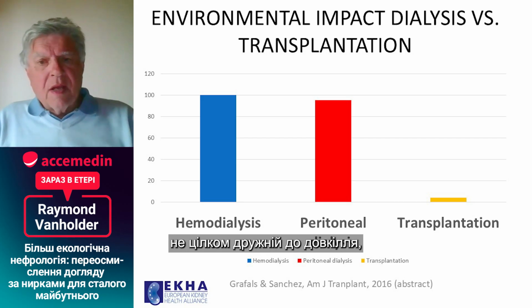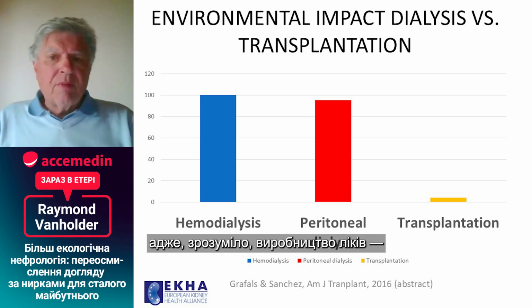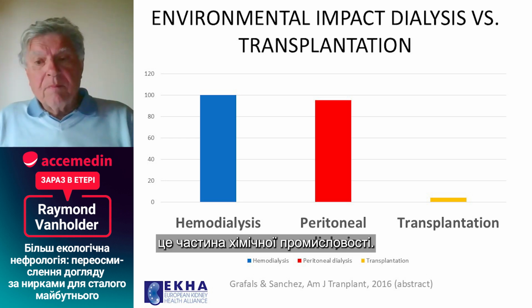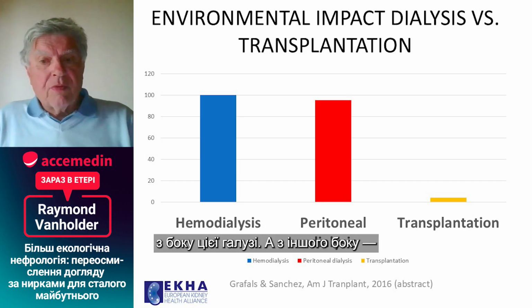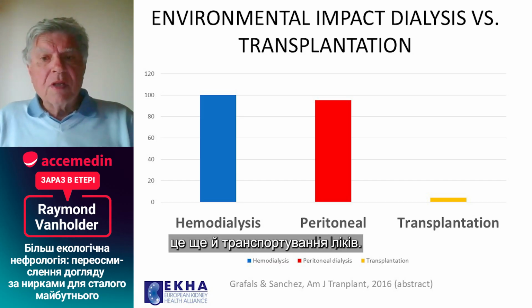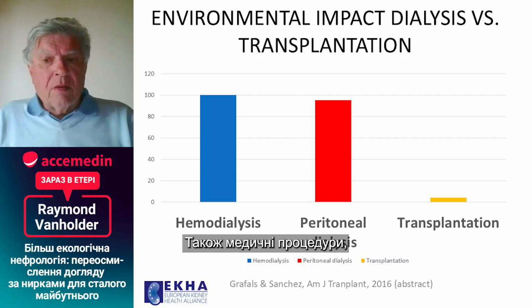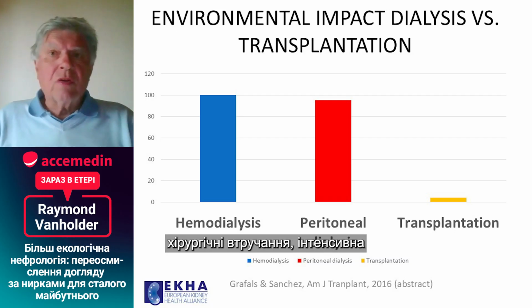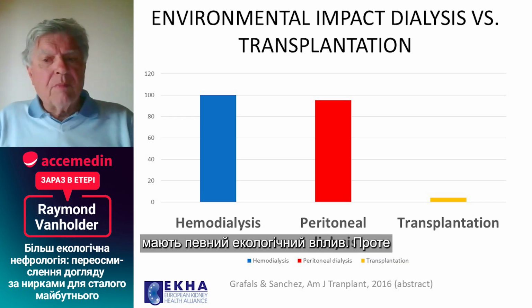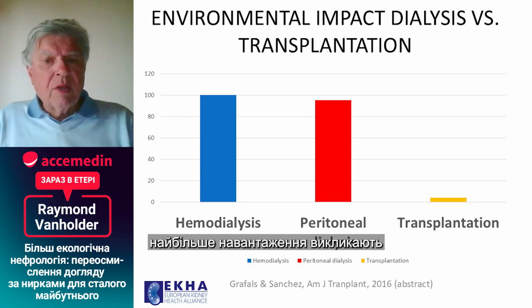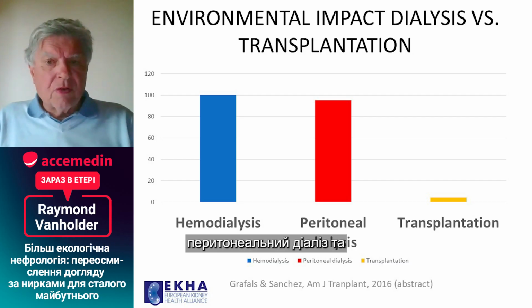It's not entirely environment friendly because, of course, production of medication is chemical industry, so there is an environmental burden of industry, and on the other hand, there is also transport of the medication and the medical act, the surgical act, intensive care treatment, hospital treatment, which has a certain environmental burden. But obviously, peritoneal dialysis and hemodialysis are doing worse.